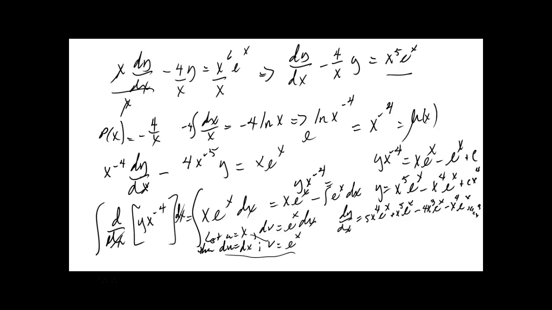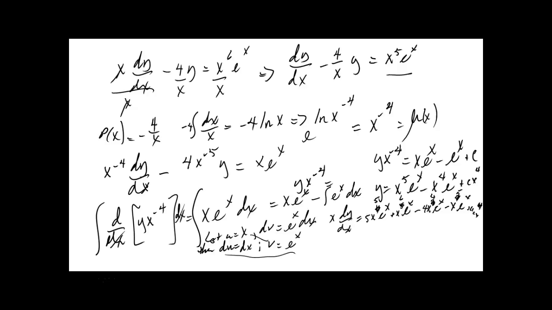Okay, didn't allow enough room, but I think I got it all in there. Okay, the second part, oh wait, the original equation had an x in it, so we need to multiply this by x. So that x would make this x to the fifth, make this x to the sixth, make that x to the fourth, make that x to the fifth, and make that x to the fourth. Okay, I'm rapidly running out of room.